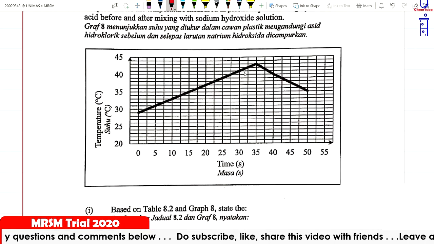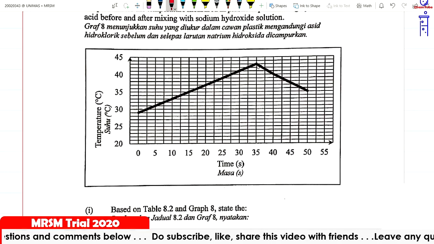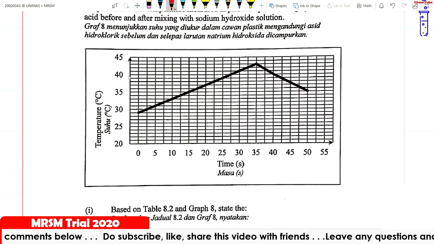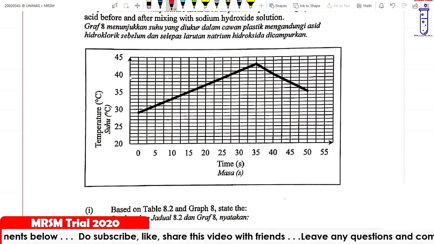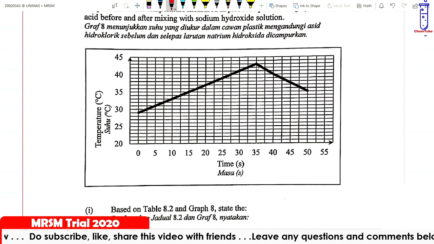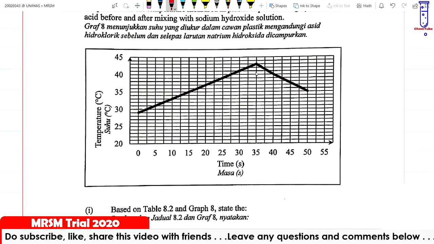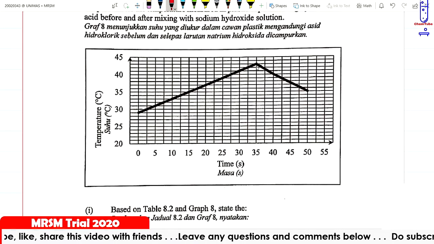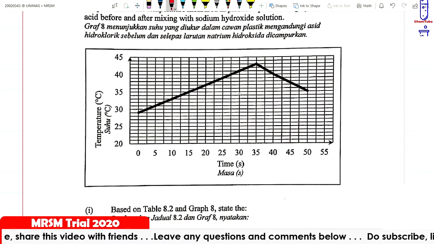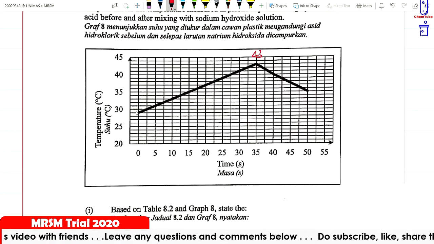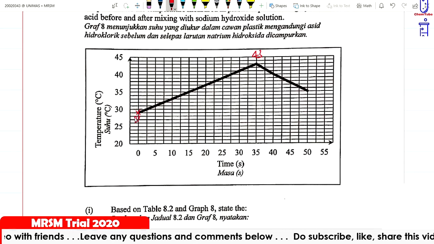So the highest is 40. This is 40, then 41, 42, 43. So here is 43, the highest. The initial is 28, 28 here.